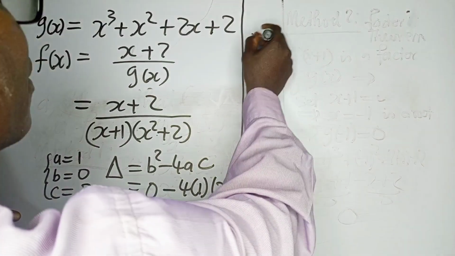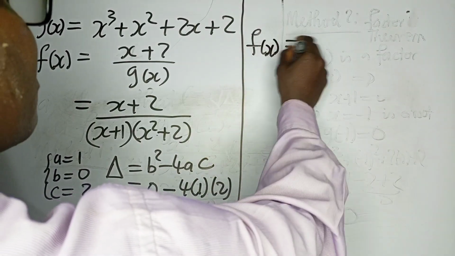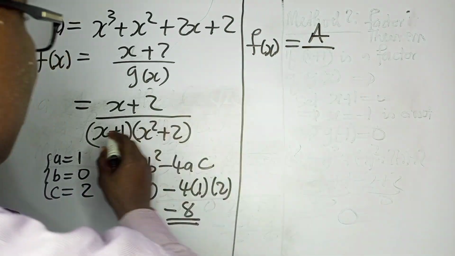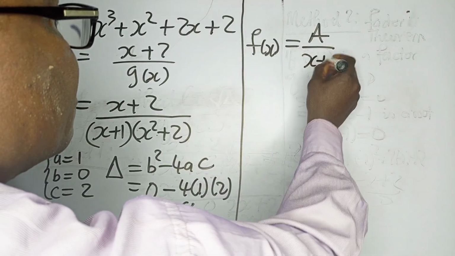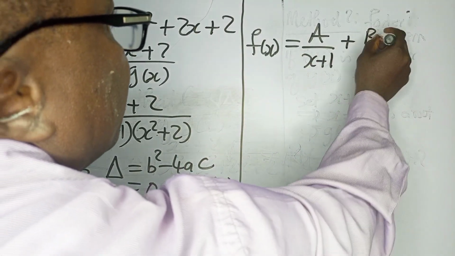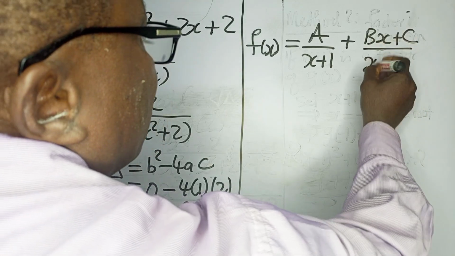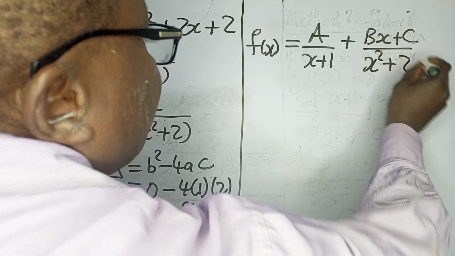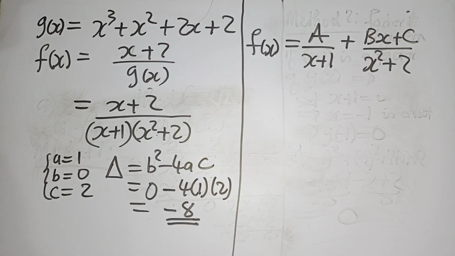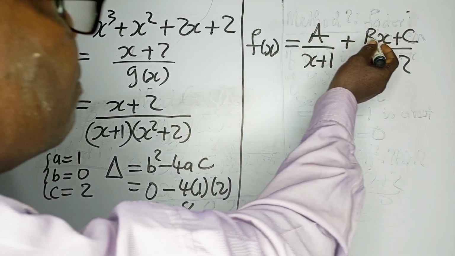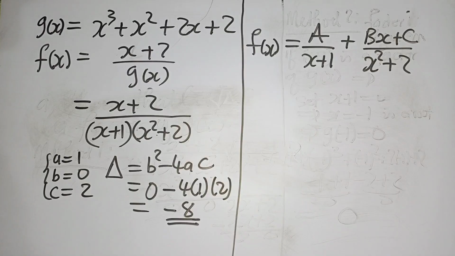That method will be f of x expressed as a all over the linear factor plus bx plus c all over the non-reducible quadratic. F of x must have that nature. So we need to get the values of a, b, and c.